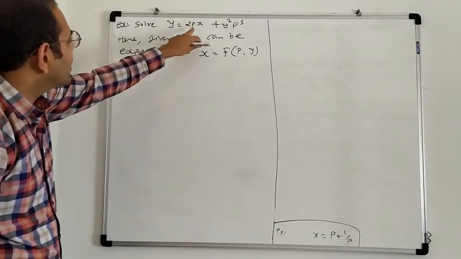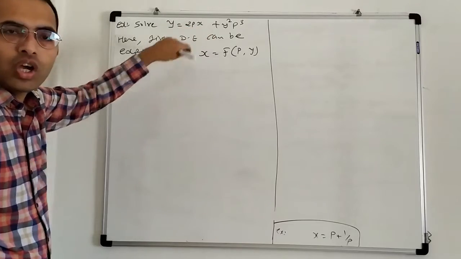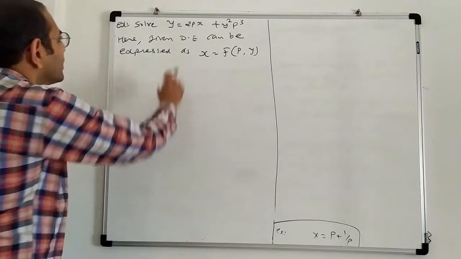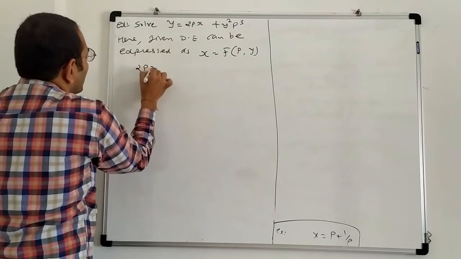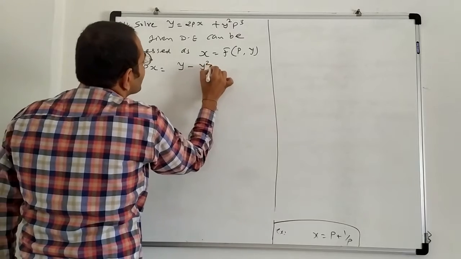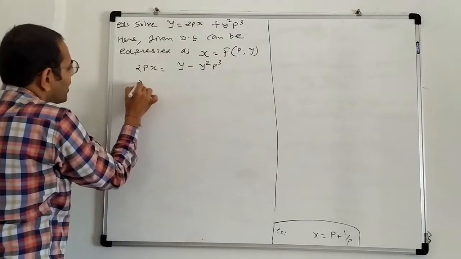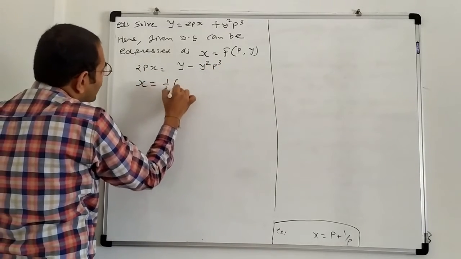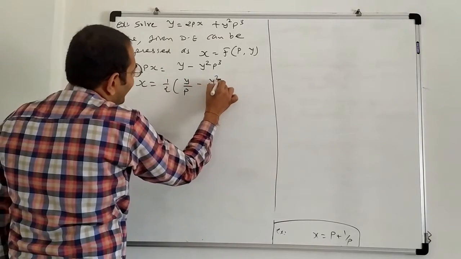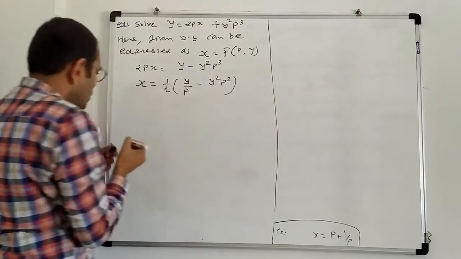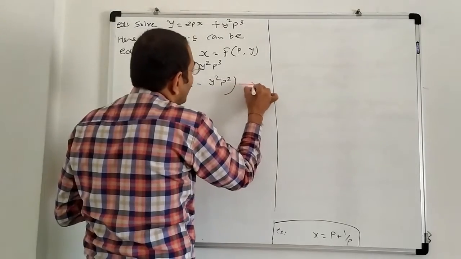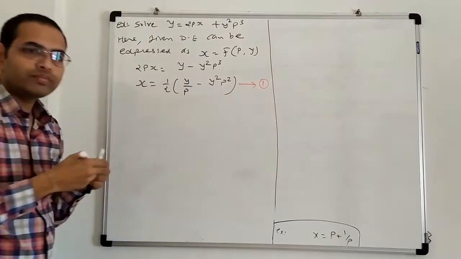Means in this differential equation, to make x the subject, 2px equal to y minus y square into p cube. Then x equal to 1 by 2 into y by p minus y square into p square. That is our equation number 1.